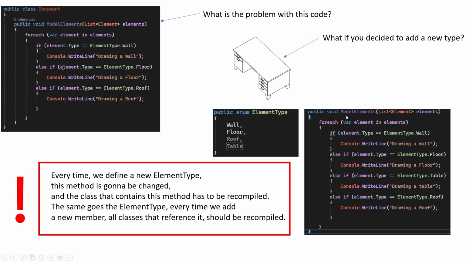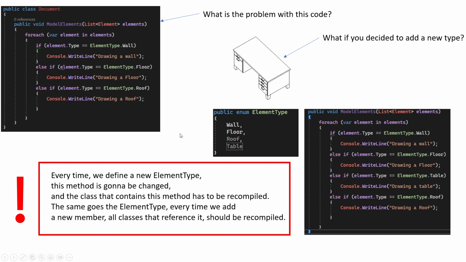And the class that contains that model elements method, in our case the document class, has to be recompiled. And the same goes for element type. So every time we add a new member, in our case we added a table, all classes that reference it should be recompiled. So that is a very crucial thing to understand here.